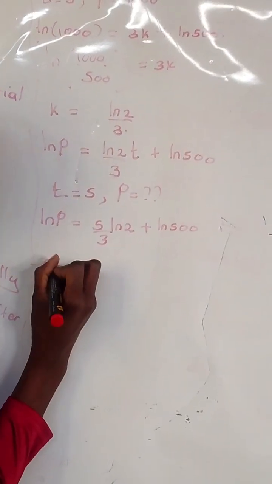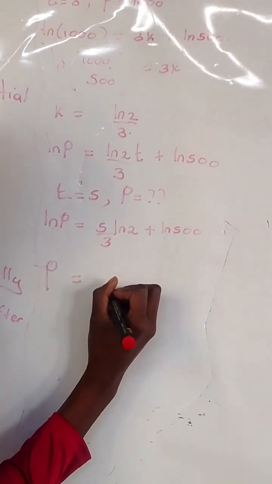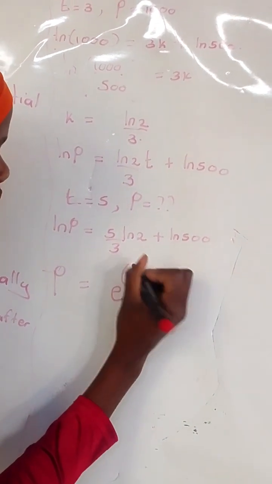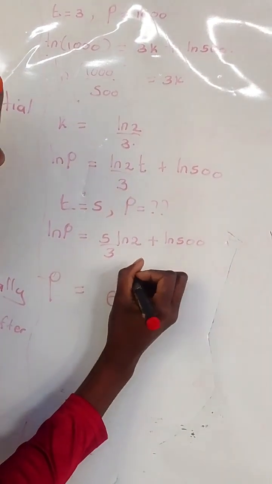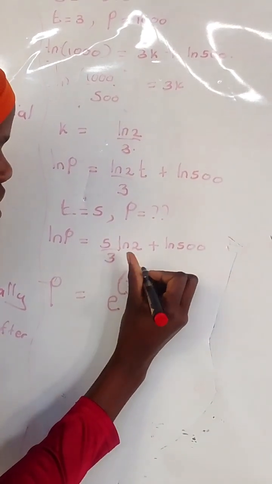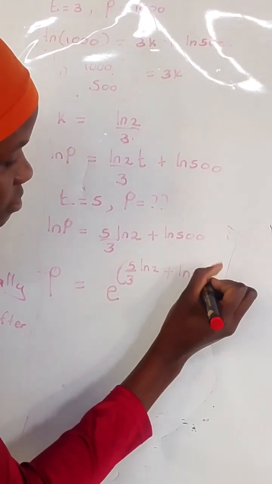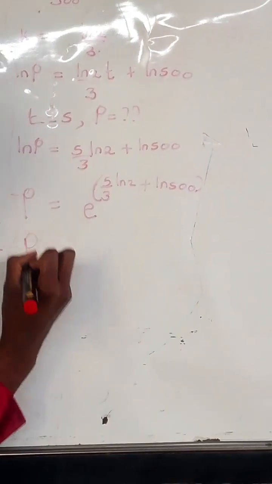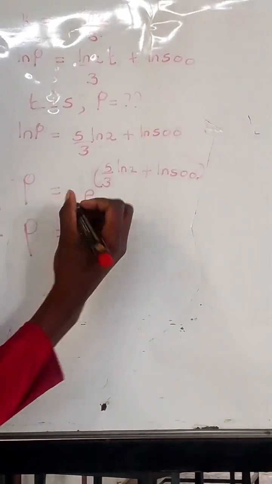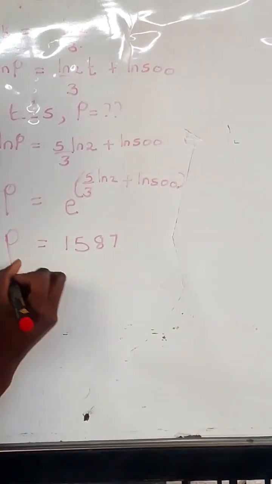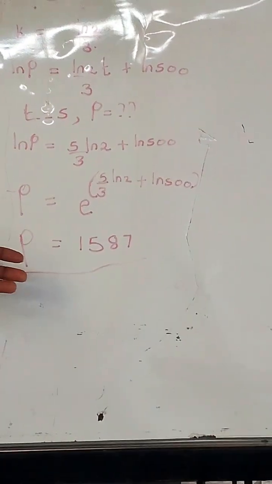Then here we can get our P equaling e power, in brackets, 5 over 3 ln 2 plus ln 500. Whatever the answer you get, we're going to get P as 1587. This is our P after 5 years.